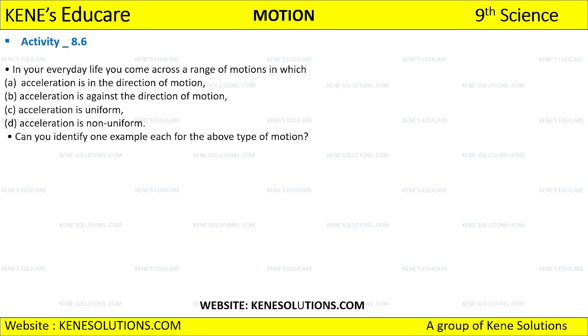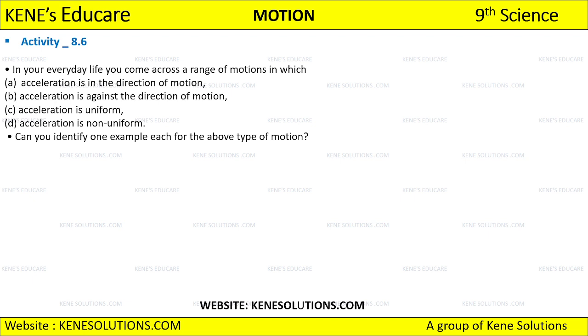An example you can write is a stopping vehicle, because the acceleration is against the direction of motion, the vehicle stops. So when a vehicle starts, acceleration is in the direction of motion, and when the acceleration is against it, it will stop the vehicle. Then for uniform acceleration, a real life example is a free falling ball.